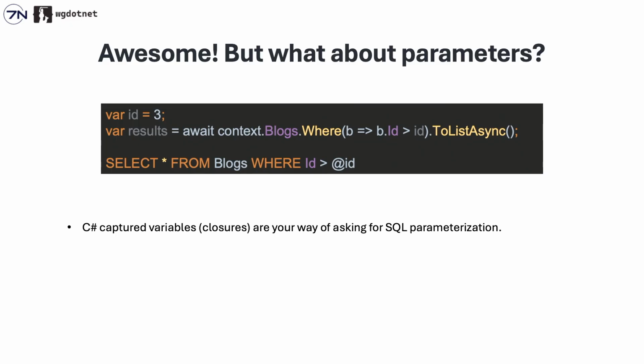But that's not why we do this. SQL injection is not a problem in this particular context, because as long as you're using EF Core with the LINQ APIs, EF Core guarantees that there's not going to be any sort of SQL injection. EF Core is the one building your SQL for you. You're not building SQL. And whenever it's going to integrate any sort of data into there, it is going to be sanitizing things for you. So if there's a single quote in there, it is going to escape it.